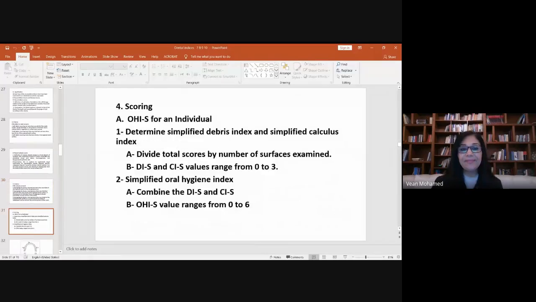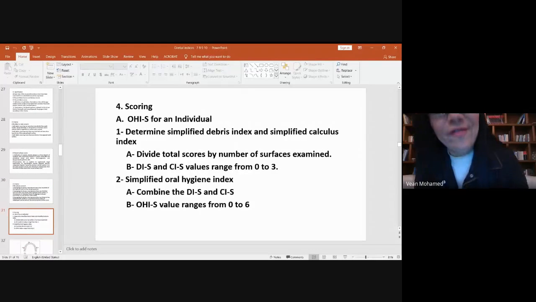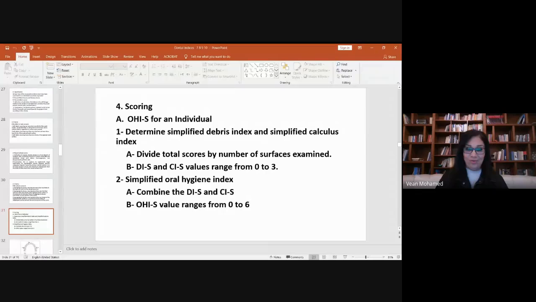Very good. Now, scoring of oral hygiene for an individual. As we mentioned before, the oral hygiene index is a summation of the DBRIS index with the calculus index. It means the result will be the oral hygiene index. That means we must examine the incisal to gingival depth of the tooth related to the DBRIS index, and also the supragingival and subgingival related to the calculus index.